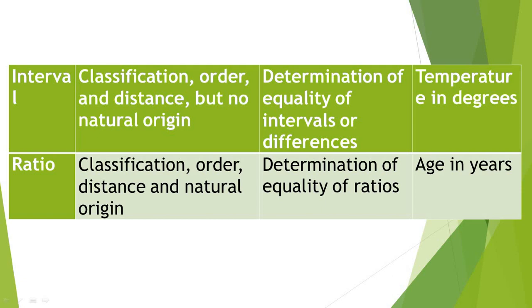An example is age in years. So it has an absolute zero or the natural origin. You will start from, for example, age 0, 1, 2, 3, 4, 5, 6, 7, 8. So that is an example of the types of data.